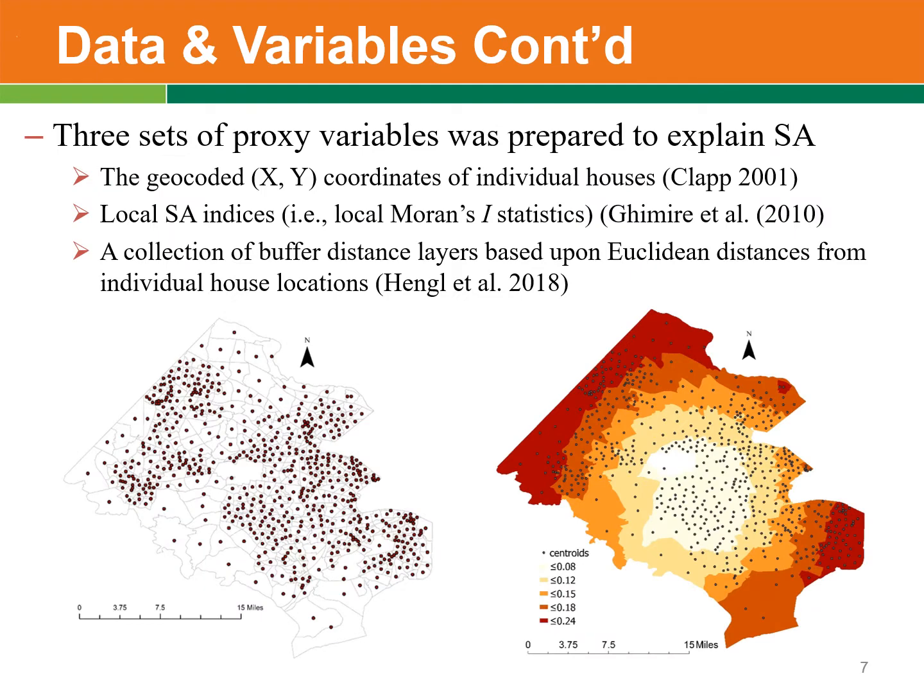We include 3 different sets of proxy variables to explain spatial correlation that fails to be captured by the covariates. The first set are the geocoded XY coordinates of individual houses. And the second set are the local spatial correlation indices based on the 8 numerical variables.